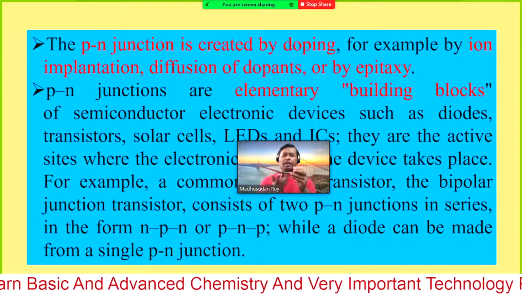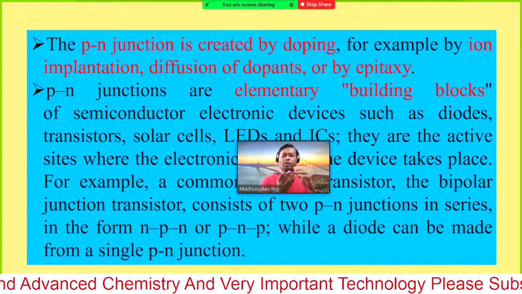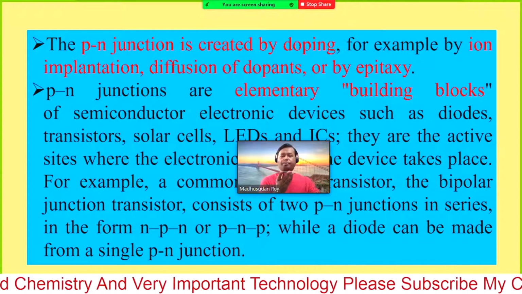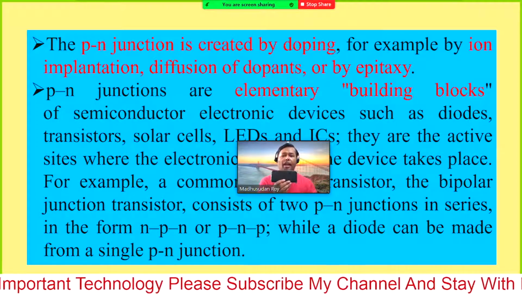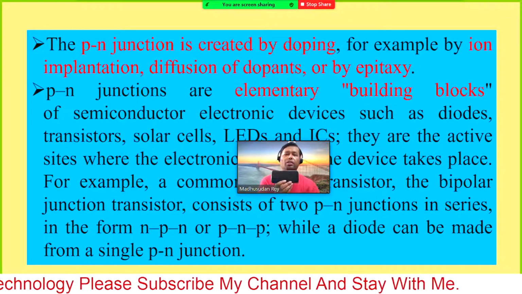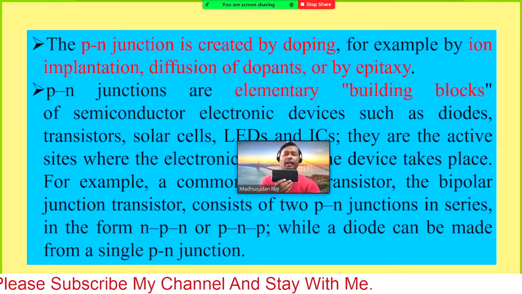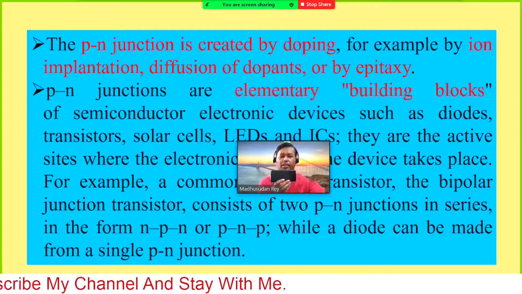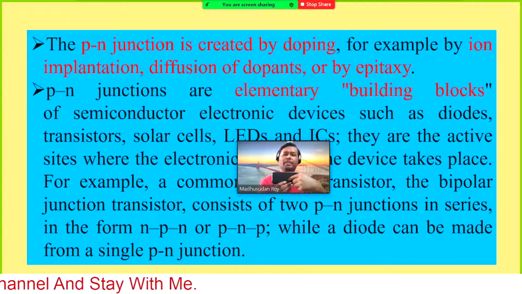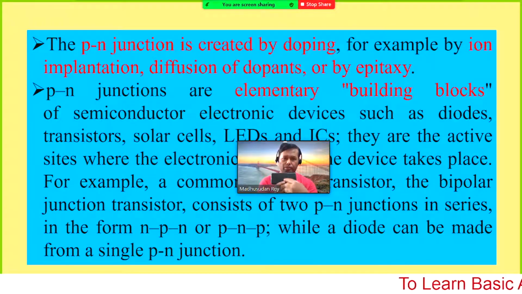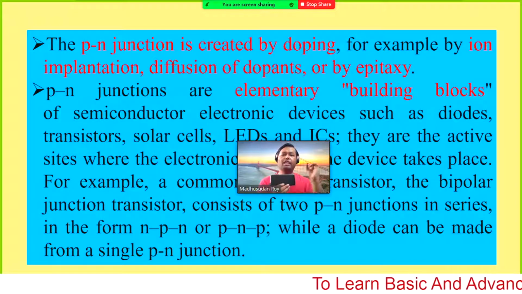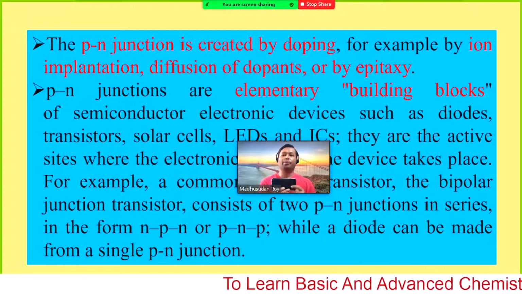Let us consider this is my mobile, so this is one crystal surface. If you have some high energy electron, then you can insert the electron into the surface by ion implantation. That means you can pass electrons to the surface by high speed electron or high speed ion.